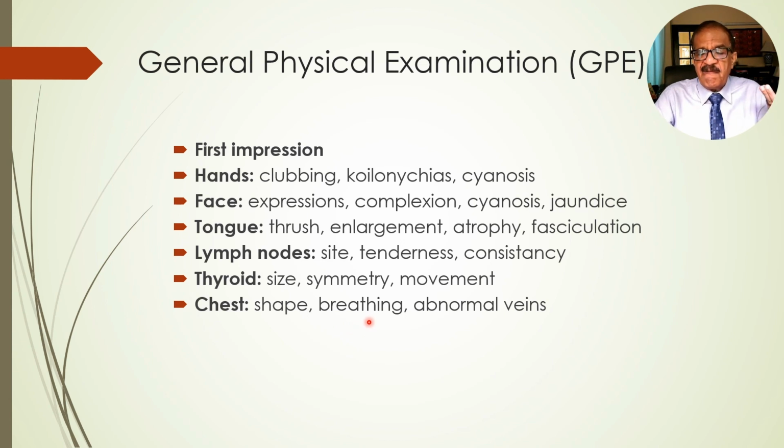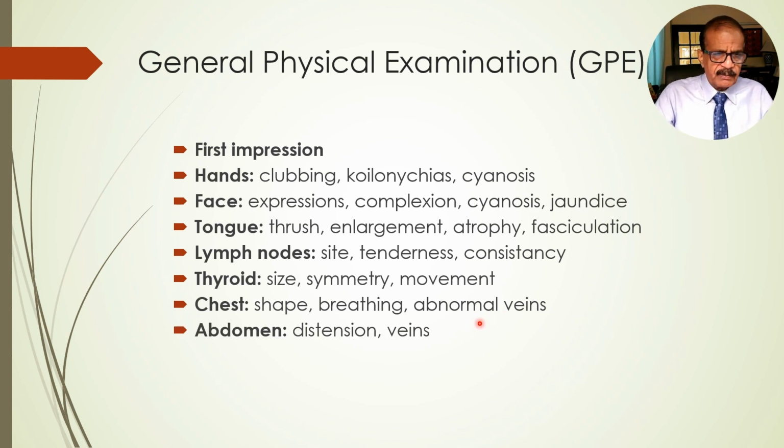Somebody who's breathing fast, then there are various breathing patterns like Cheyne-Stokes breathing, Biot's breathing, and apneic spells; they can all be examined. And then abnormal veins on the neck, the abdomen and the chest would indicate superior or inferior vena caval obstruction, or may be normal in some cases.